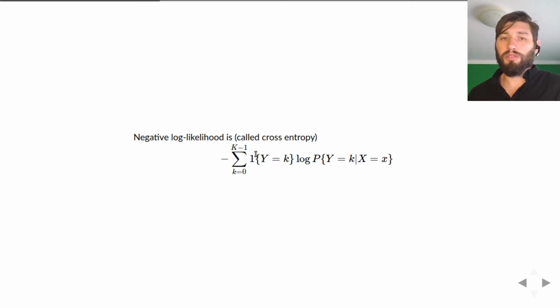And to get the full log likelihood, you would have to sum this over all i. But this is the basic form, and you can think of it as if I created a vector of these indicators where each component corresponded to each class, then this is like the inner product between the log probabilities and that vector. That's one way to think about it.